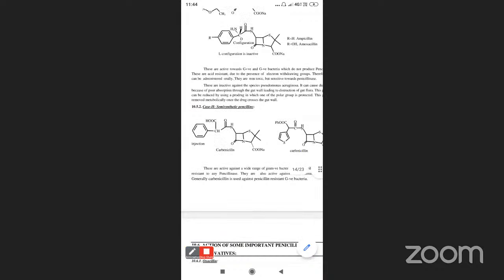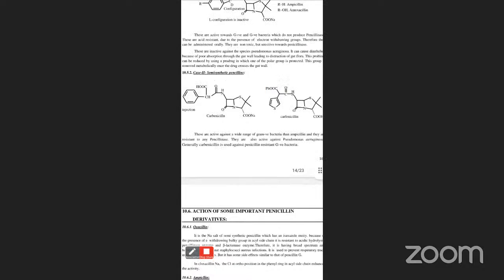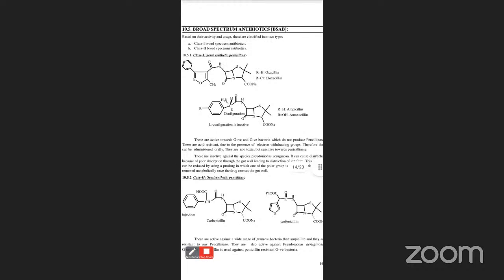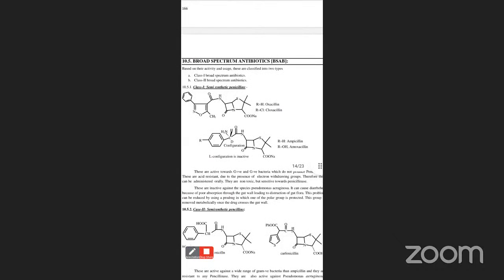Okay, fine. So like that, all these are the different penicillin analogs. Why are all the penicillin analogs prepared? To prevent the acid sensitivity, right? Because the normal, traditional penicillin is acid sensitive.